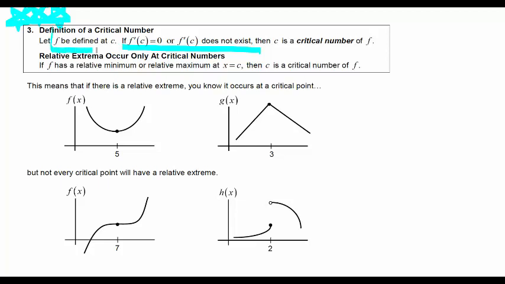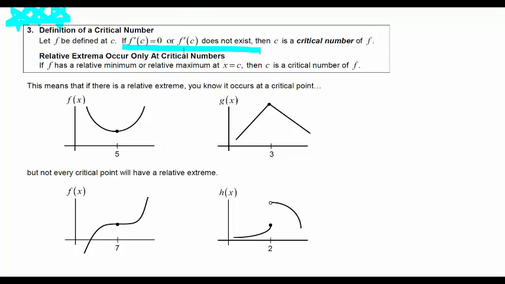You also have to remember this one. Because if f prime of c equals 0, then f of c exists for sure. So the problem occurs when f of c does not exist and f prime of c does not exist also, and you think that's a critical number. That's not the case. If f prime of c does not exist and f of c does not exist either, then c is not a critical number.